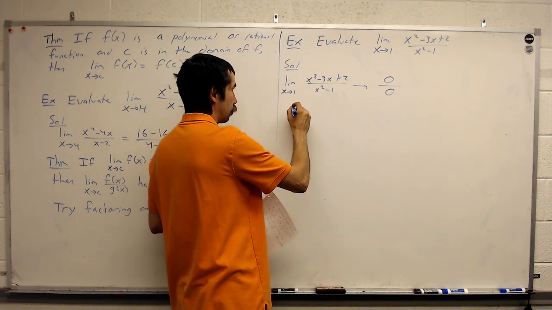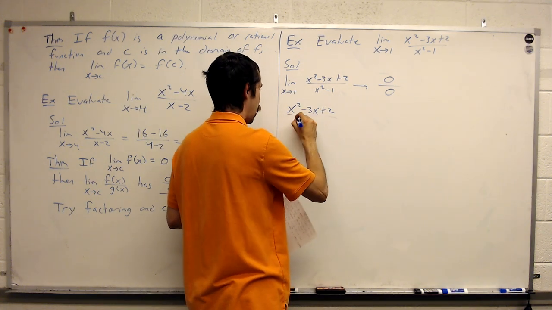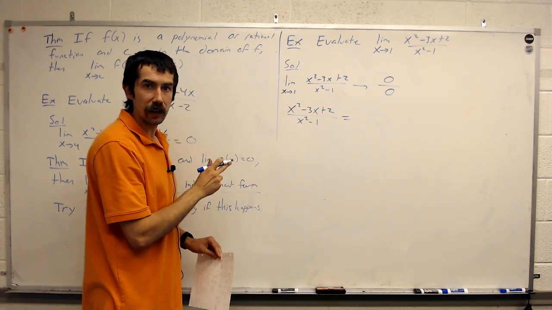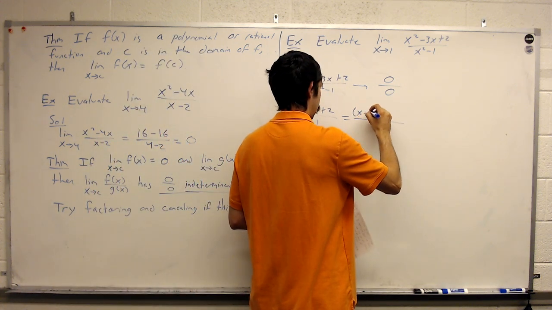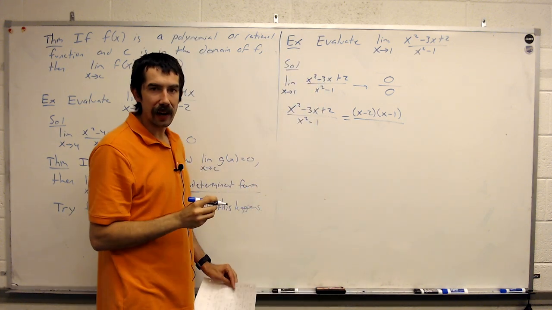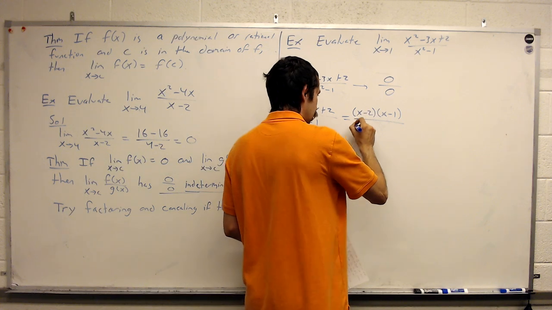Let's factor x squared minus 3x plus 2 over x squared minus 1. The numerator we could factor, and the denominator we could also factor. It's the difference of squares, so that factors easily.